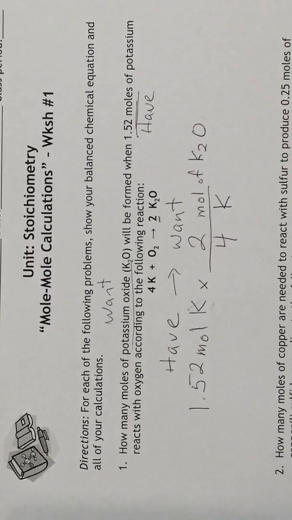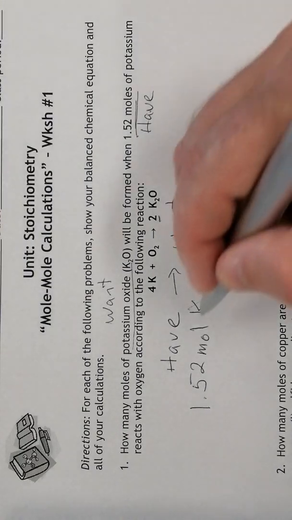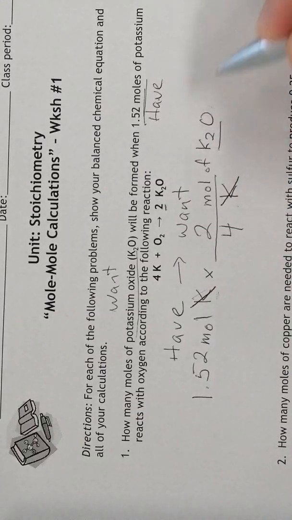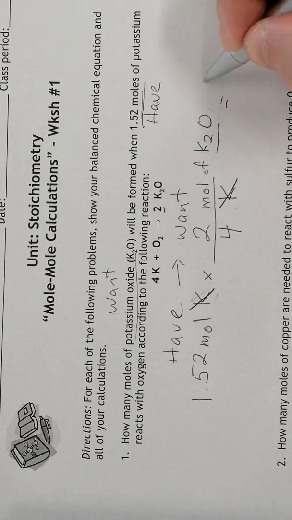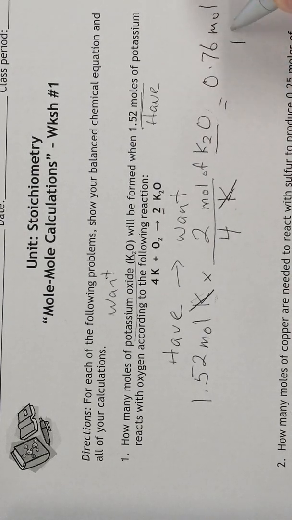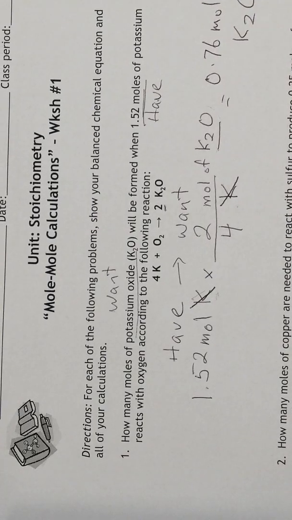Okay? So on your calculator, type in 1.52, multiply that by 2, and divide it by 4, and that will give us our answer. Our answer is going to be 0.76 moles of potassium oxide.